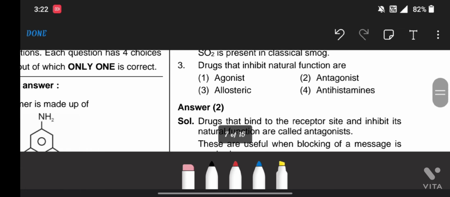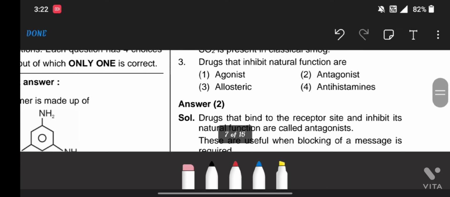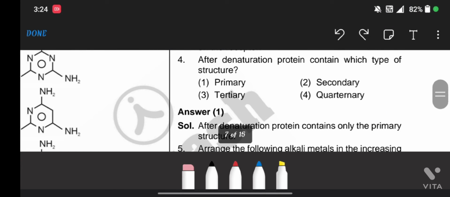Moving on to the next question, question number 4. Here they are asking which type of structure a protein contains after denaturation: primary, secondary, tertiary, or quaternary?